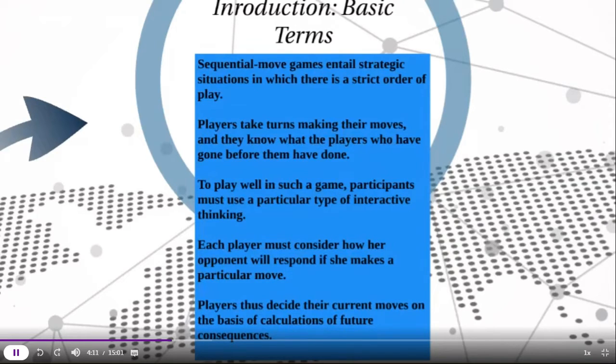Based on that, they are going to make their moves. Players thus decide their current moves based on calculations of future consequences. Now remember, the basic assumption over here is rationality. That's why the calculation of future consequences becomes possible.